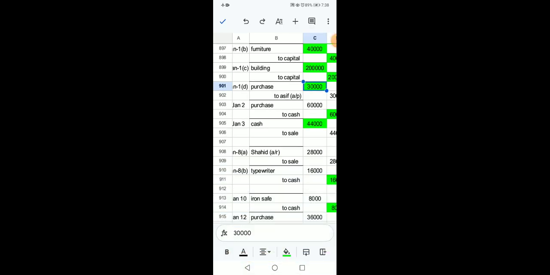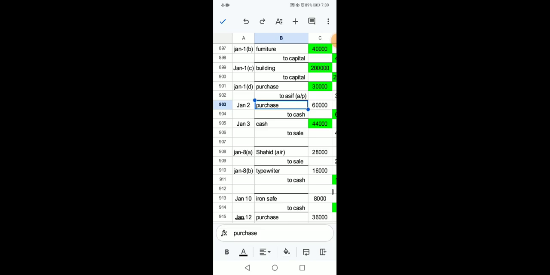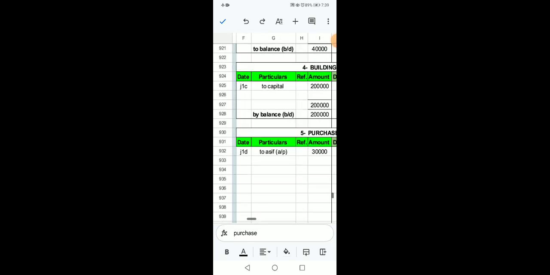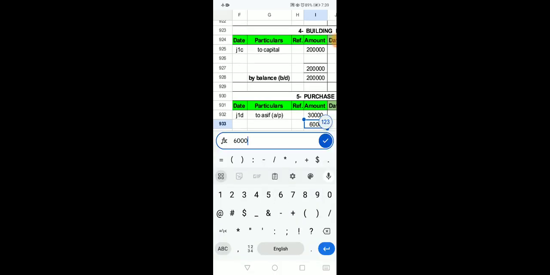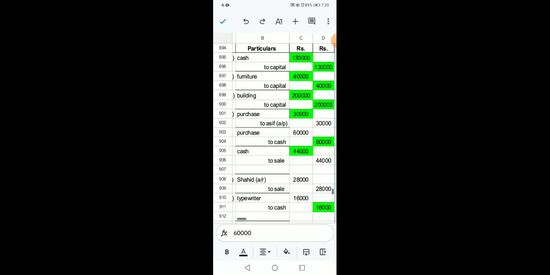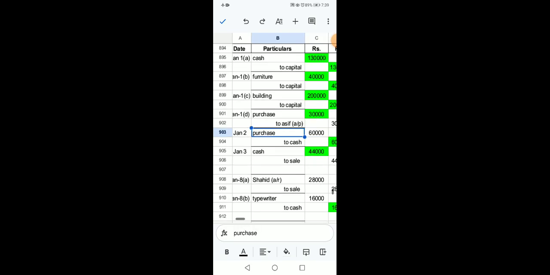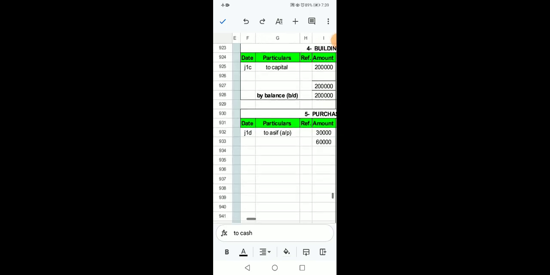Now we will see if any other entry contains purchase. Here in the next entry, January 2, purchase is also present. 60,000, it is debited. We will choose the debit side of the purchase ledger and write 60,000. Now we will see its reference. What is written on the opposite side? To cash.